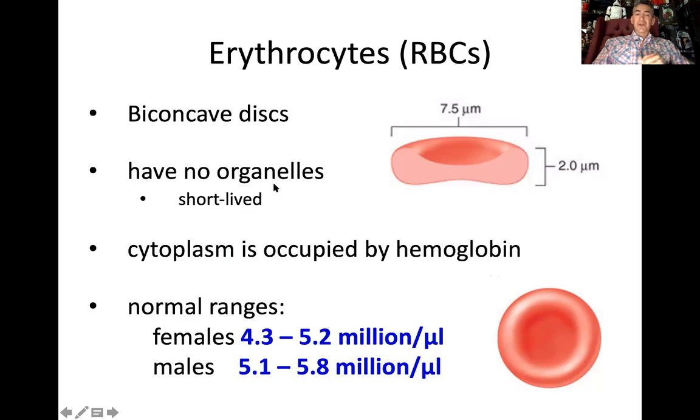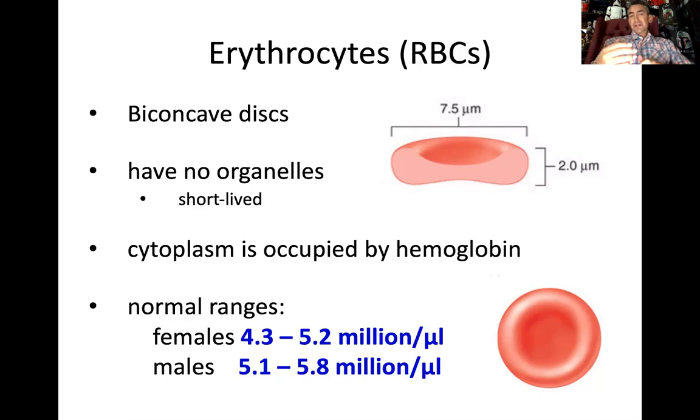They don't live very long because they have lost their organelles. Any ideas on why we would have to lose mitochondria? Yeah, I'm curious to see if you can link 1306 stuff with anatomy 2 stuff. Why would a cell give up its ability to generate energy, right? Mitochondria generate ATP. Why would this erythrocyte not have that?